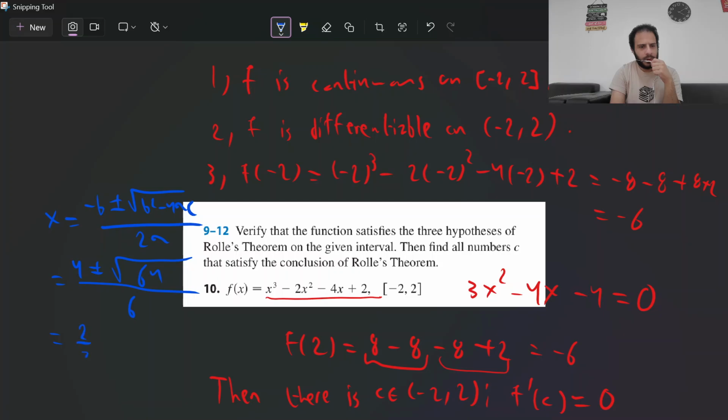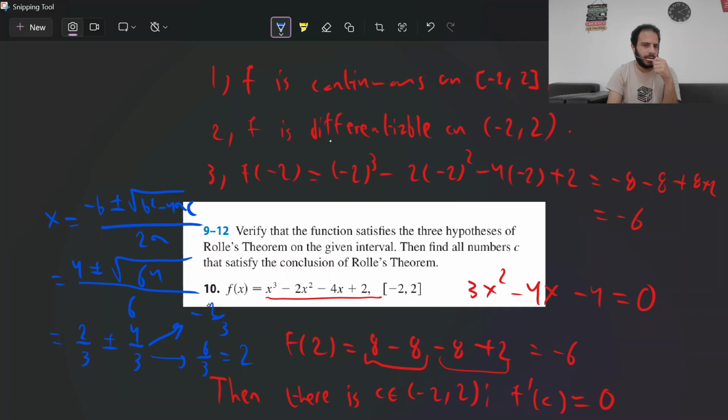So it will be 2 over 3 plus or minus 8 over 6. 8 over 6 is 4 over 3, right? So one solution is, I will take the minus: 2 over 3 minus 4 over 3, minus 2 over 3. The other one is 6 over 3, which is 2.